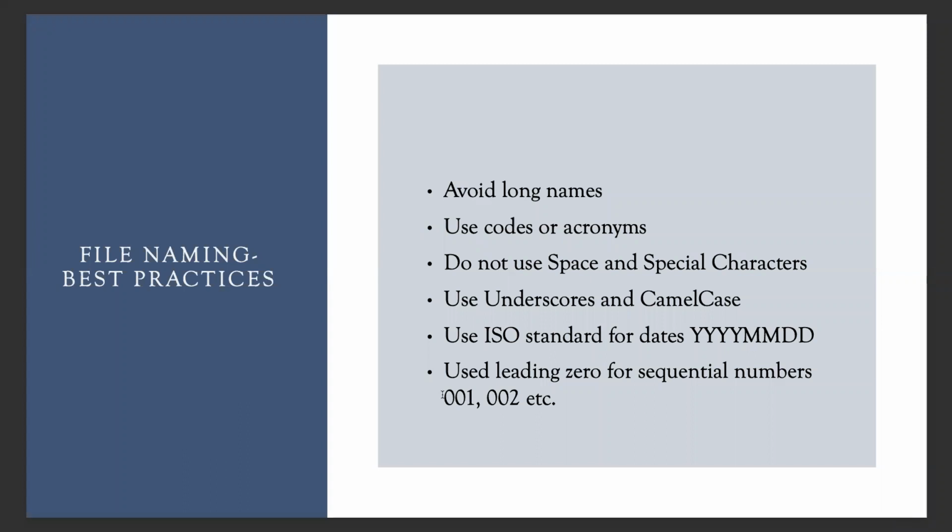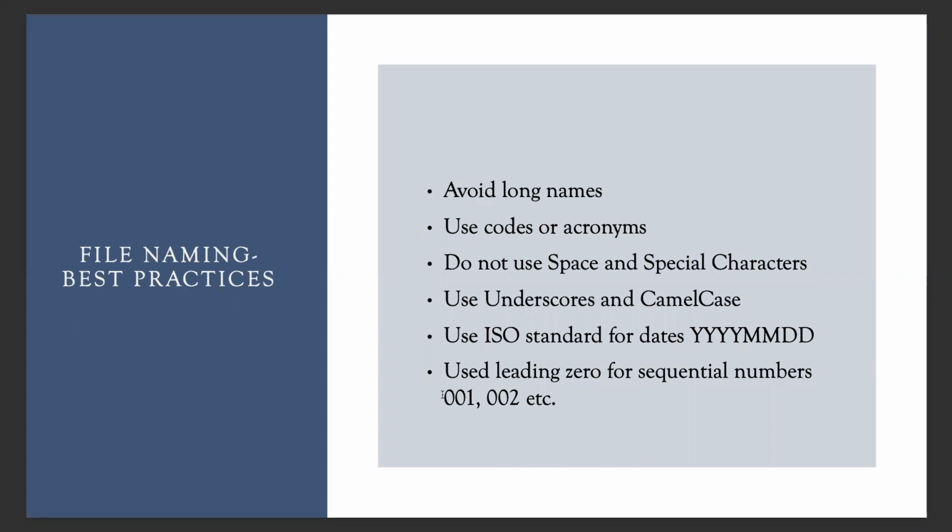And then you can also put some sequential numbers like 001, 002 on your file name. So you want to put some leading zeros depending on how many files you are going to have. So for example, if you plan to do 10 interviews, you can put 01 for the interview 1, 02 for interview 2, and so on.